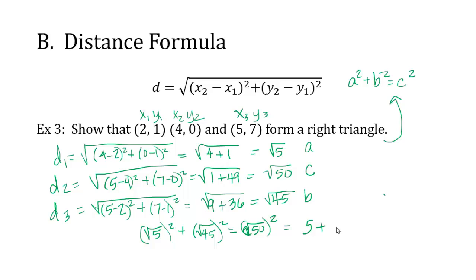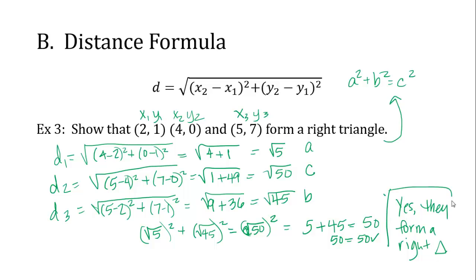Square root of 45 times square root of 45 is 45. Square root of 50 times square root of 50 is 50. So is 5 plus 45 50? Yes. So what that tells me is, yes, they form a right triangle. And there's my answer.